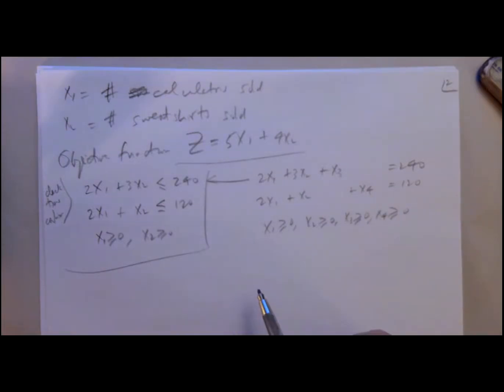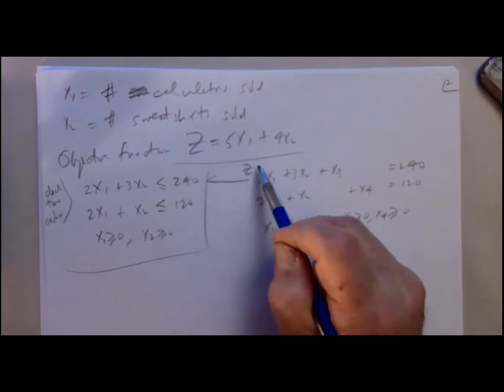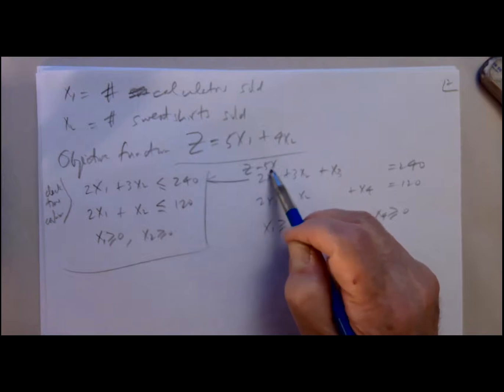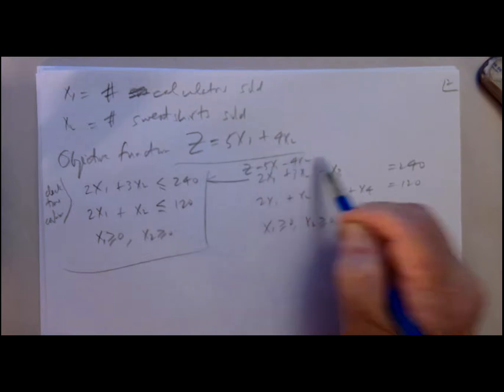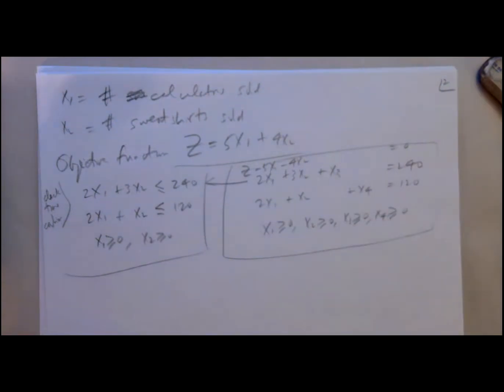And the function we want to maximize, let me just write it like this, z minus 5x1 minus 4x2 equals 0. So this is the linear programming problem when I've introduced slack variables and converted every inequality to an equality.